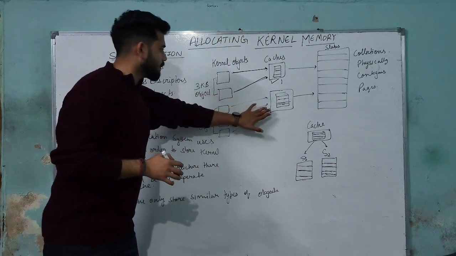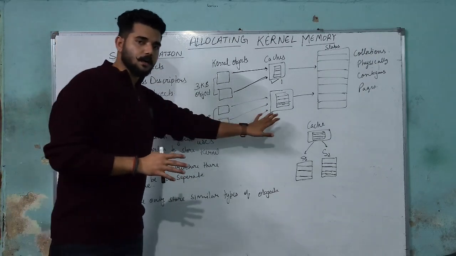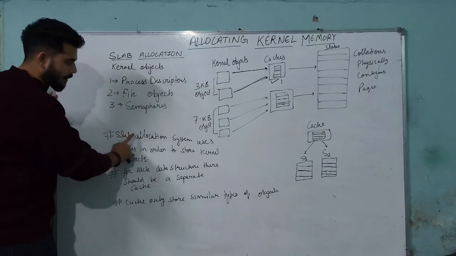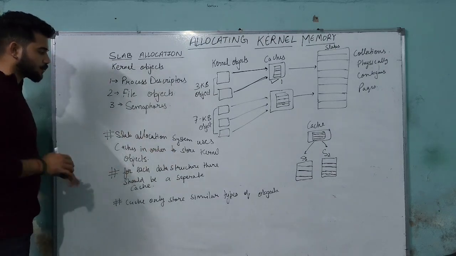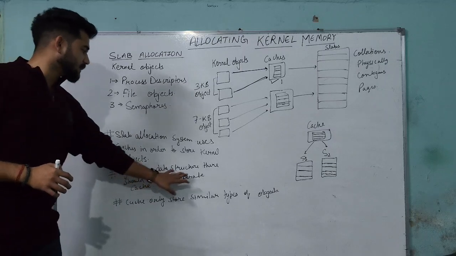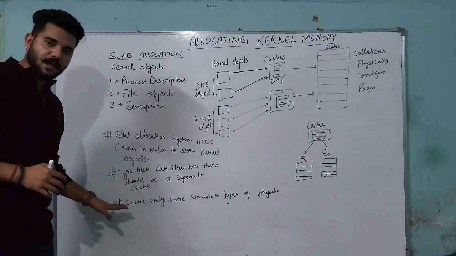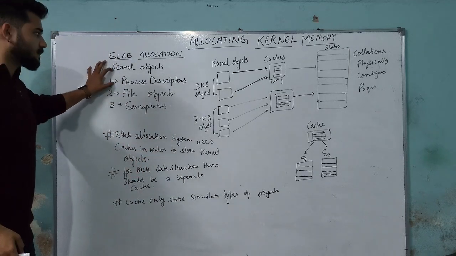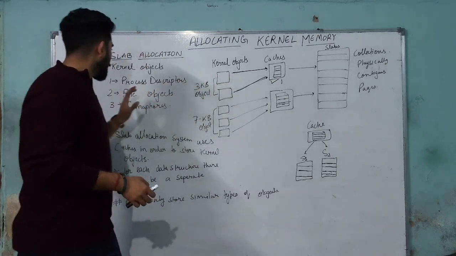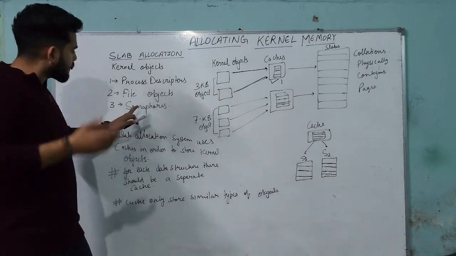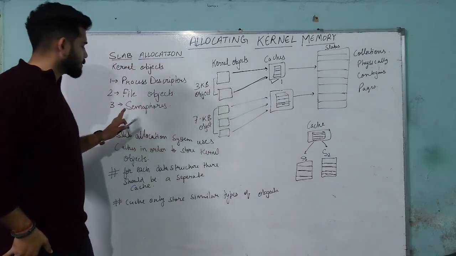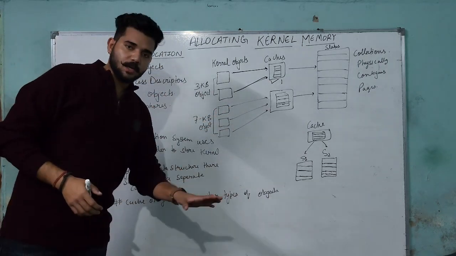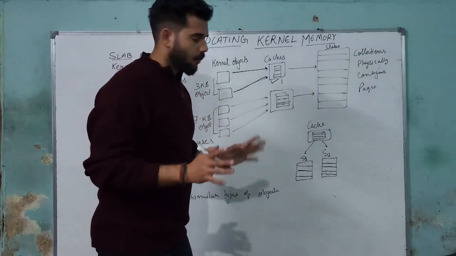Another will store file objects, and another will store semaphores. The slab allocation system uses caches in order to store kernel objects. For each data structure, there should be a separate cache. Like I said, process descriptors will be stored in only one cache, file objects in only one cache, and semaphores in only one cache. A cache only stores a similar type of object. It is not going to store different types of objects.